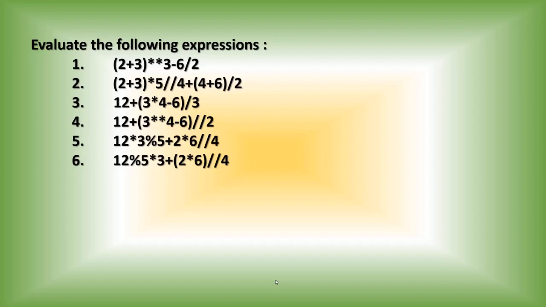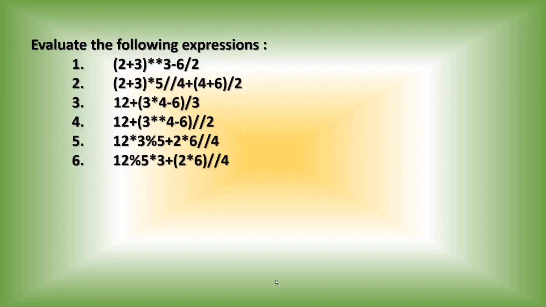So inside the bracket, you will get the answer 5. Now, next high precedence is for exponentiation. So we will calculate exponentiation next. So 5 raised to 3. 5 raised to 3 means you will get the answer 125 there. So that part we evaluated. You got 125 there.